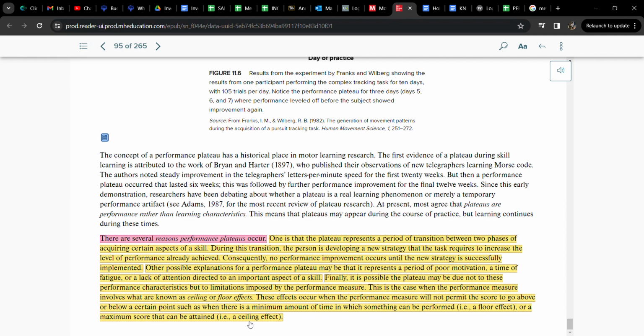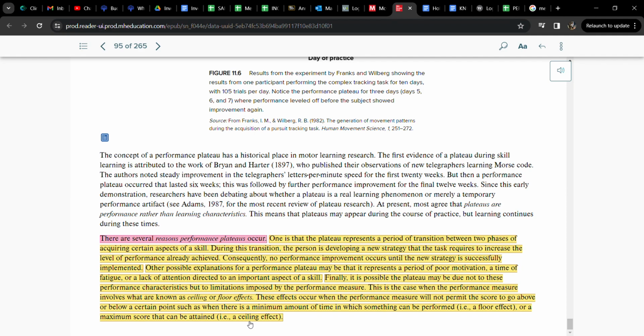If you're doing a Berg balance scale and you're scoring 56 out of 56 every single time, of course it's not going to show improvement, even though your balance might actually be getting better, because of that ceiling effect. And the inverse, it may not show you're improving because you can't even hit the floor. You can't get to the minimum points required to accomplish it either.